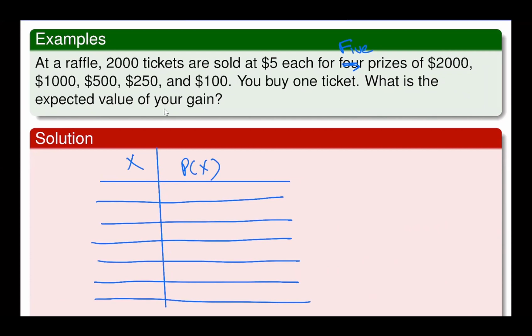The lowest amount of money that I could win is $0. Then it's $100. Then it's $250. Then it's $500. Then it's $1,000. And then it's $2,000. Any question in regard to X?